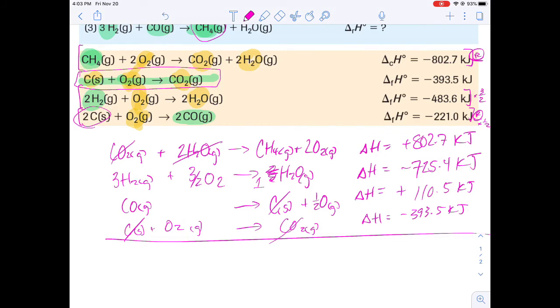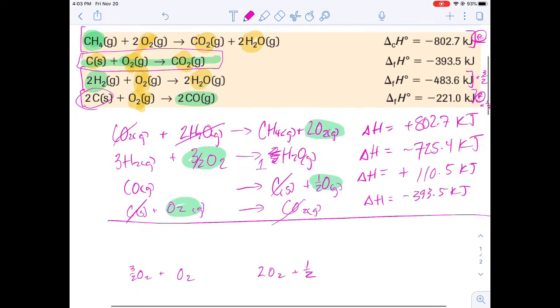Now for my oxygens, I've got 3 half oxygen here, and I've got 1 oxygen here. And in the product side, I've got 2 oxygens, and I've got a half oxygen. So I've got 2 oxygen plus a half.